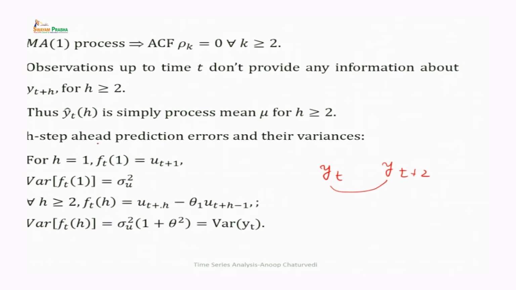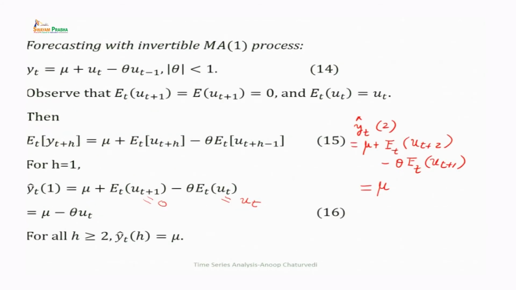Then the h step ahead prediction errors and their variances are: for h equal to 1, f t 1 is equal to u t plus 1. You can easily verify it. Say here in place of t you take t plus 1.